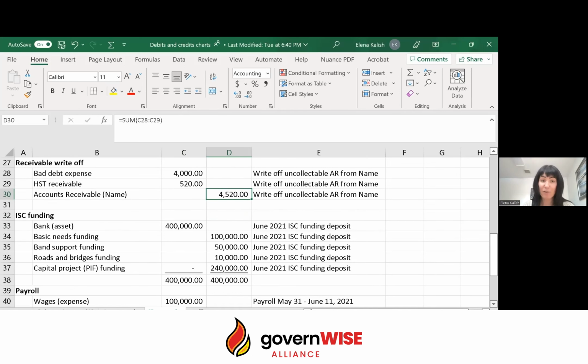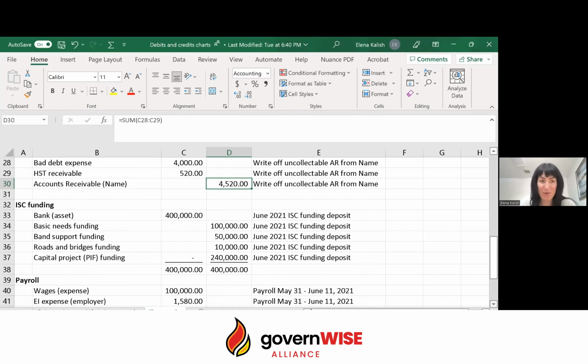And the last, not the last one, a few more. So ISC funding. What happens here is we have different funding programs. In this case, we just use a couple of them, or like 4 of them, right? So hopefully we have either different accounts or different departments, different programs, right? So revenue coming in, again, income is naturally in credit, income or revenue, right?